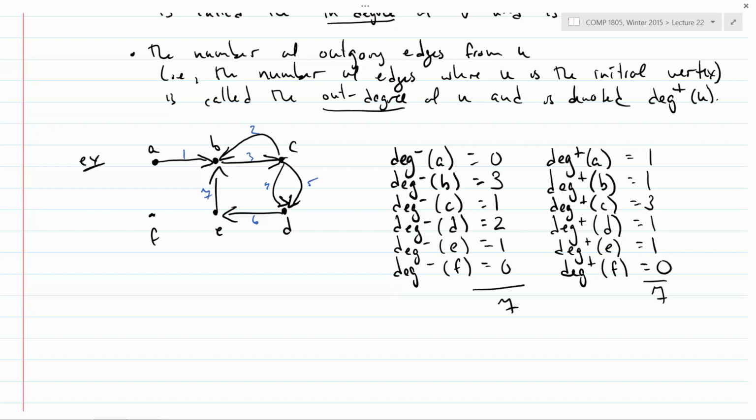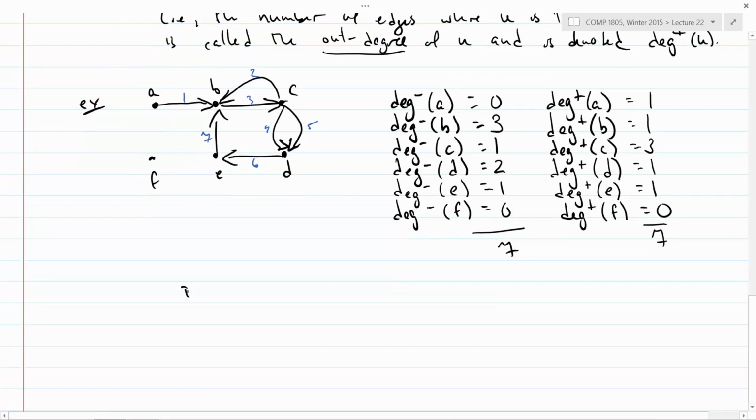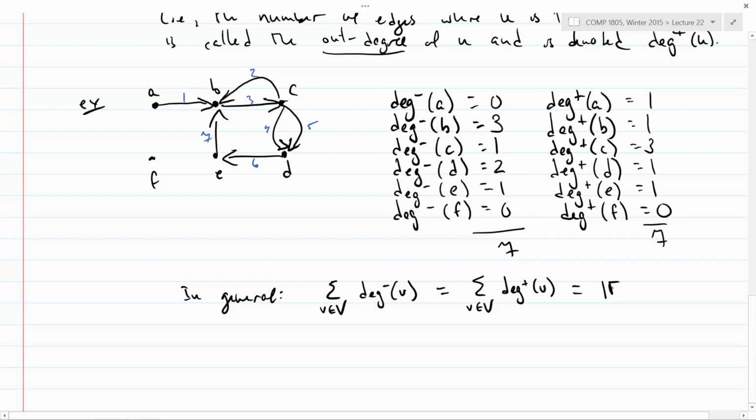And therefore, in general, if we have the sum of all vertices in V of the in degree of V, that's exactly the same as the sum of all vertices in V of the out degree of V, which is exactly the same as the number of edges. Does that make sense?